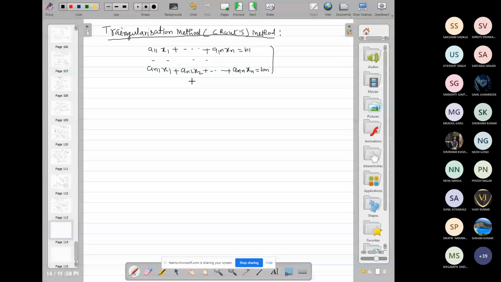We can write this in matrix form as AX is equal to B. Here matrix A is the coefficient matrix: a11, a12, ..., a1n, a21, a22, ..., a2n, and an1, an2, ..., ann. This is the coefficient matrix.